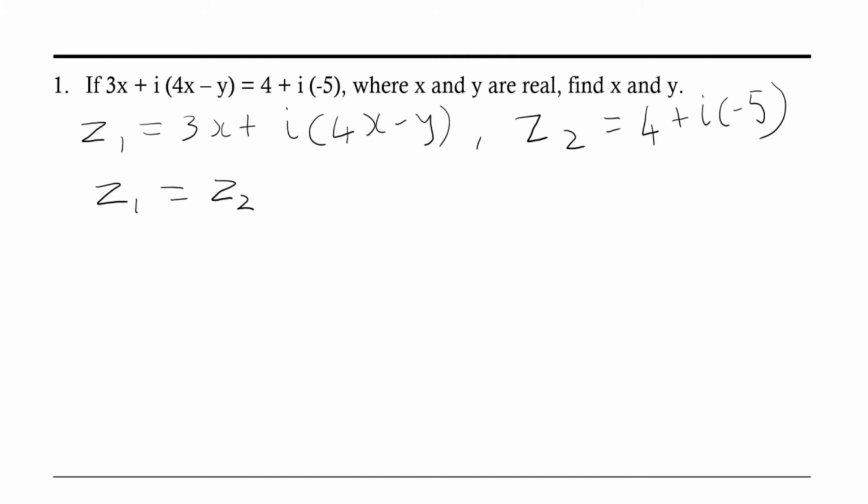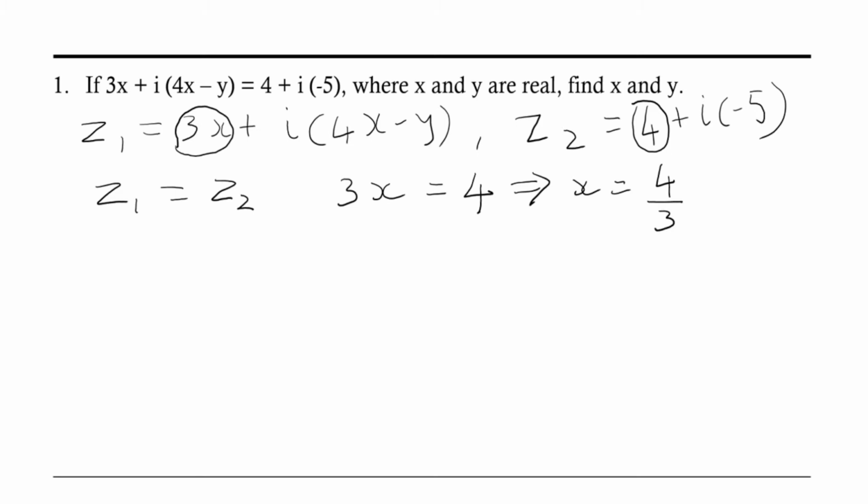We know that if z1 is equal to z2, then the real parts of z1 and z2 are equal, and the imaginary parts of z1 and z2 are equal. Now what is the real part of z1? The real part of z1 is 3x and the real part of z2 is 4. So we can equate 3x and 4. From this we get x is equal to 4 by 3.